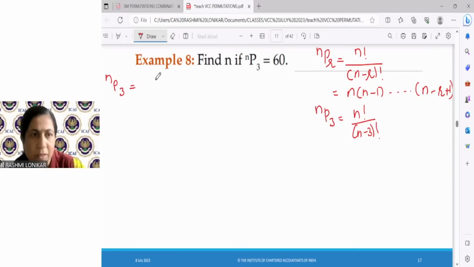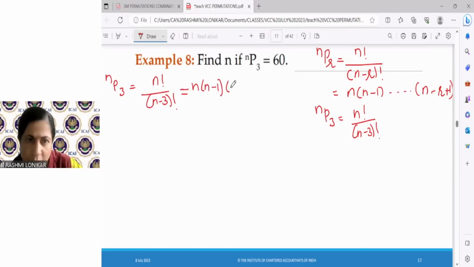np3 can be written as n factorial upon n minus 3 factorial. So how much is this? I will write n factorial up to n minus 3 factorial. So n into n minus 1 into n minus 2 into n minus 3 factorial upon n minus 3 factorial.